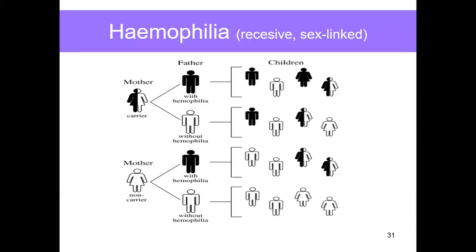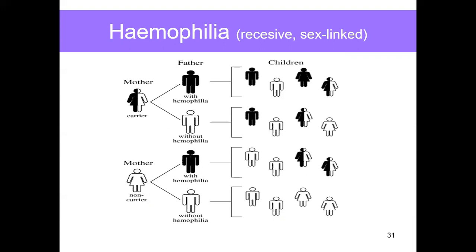So therefore, male is easier. There'll be higher chances for male to get a sex-linked recessive disease than female. Correct? Because for a female to get haemophilia, the female must receive the X small h from father and X small h from mother. So the chances of both father and mother having X small h is actually very slim.